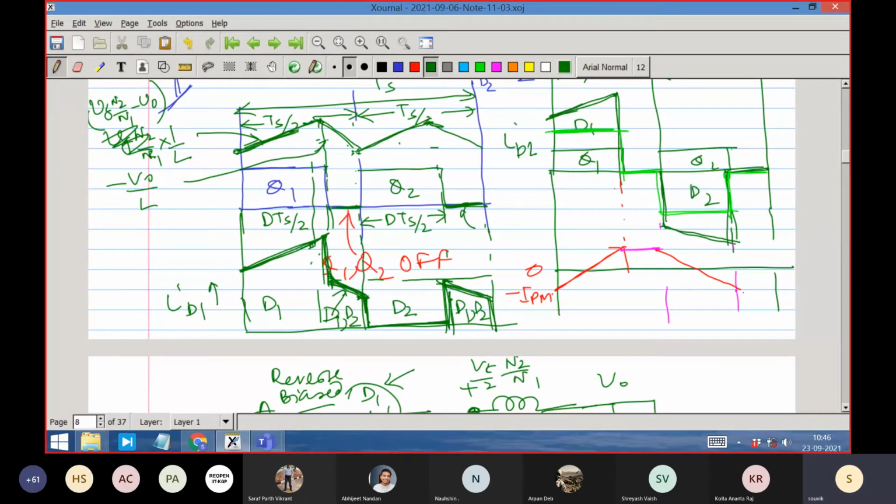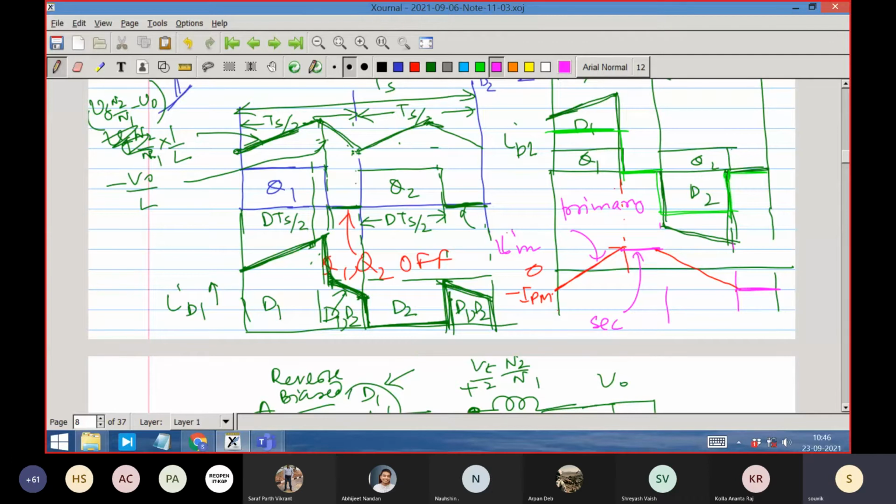Let me write that this is on the secondary side, this is on the primary side. The overall waveform is the pattern of the magnetizing current, or flux, synonymous. This is IM, the magnetizing current.